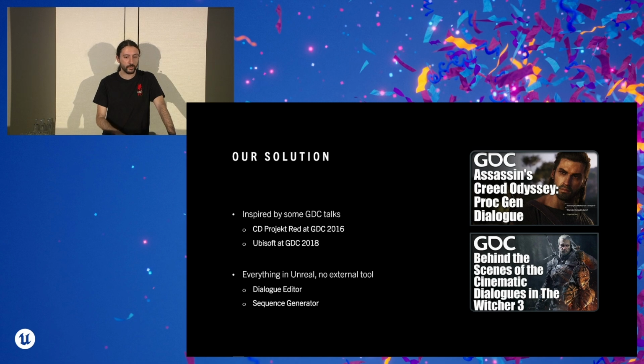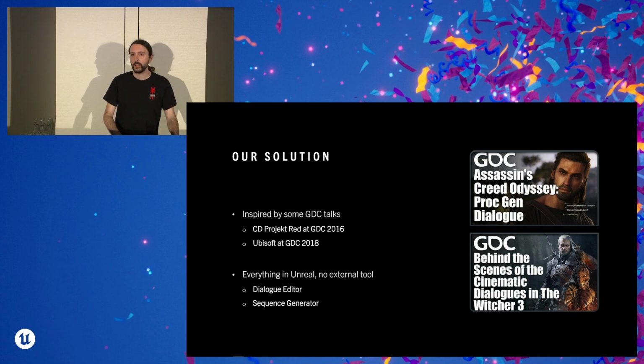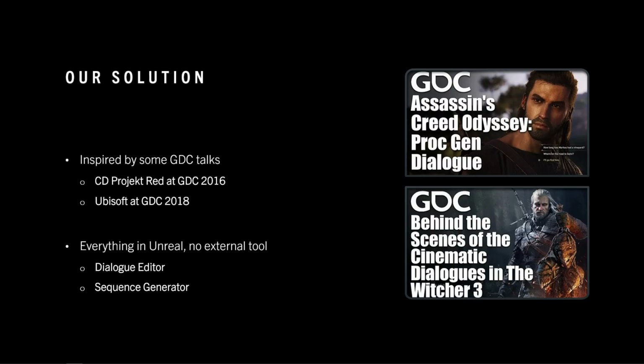So if you are interested in the subject, there are some great talks at GDC in 2016 by CD Projekt for their tools on The Witcher, and in 2018 by Ubisoft for Assassin's Creed Odyssey.